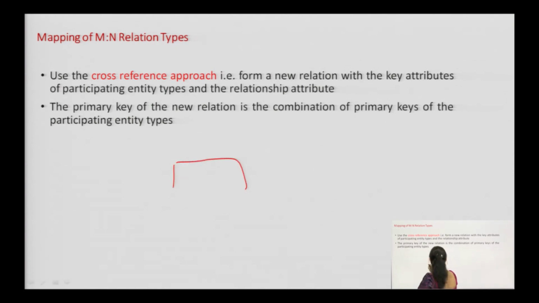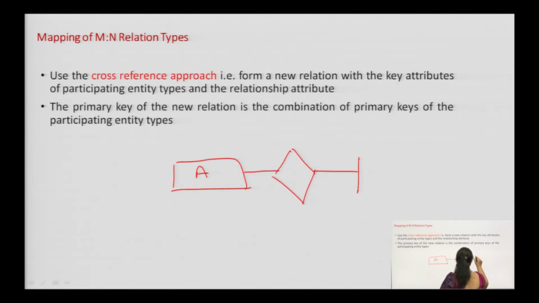M:n relationship type means any number of occurrences of A can be associated with any number of occurrences of B, and any number of occurrences of B can be associated with any number of occurrences of A. This is called a m:n relationship type, and the approach that we use for mapping a m:n relationship type to a relation is the cross reference approach.